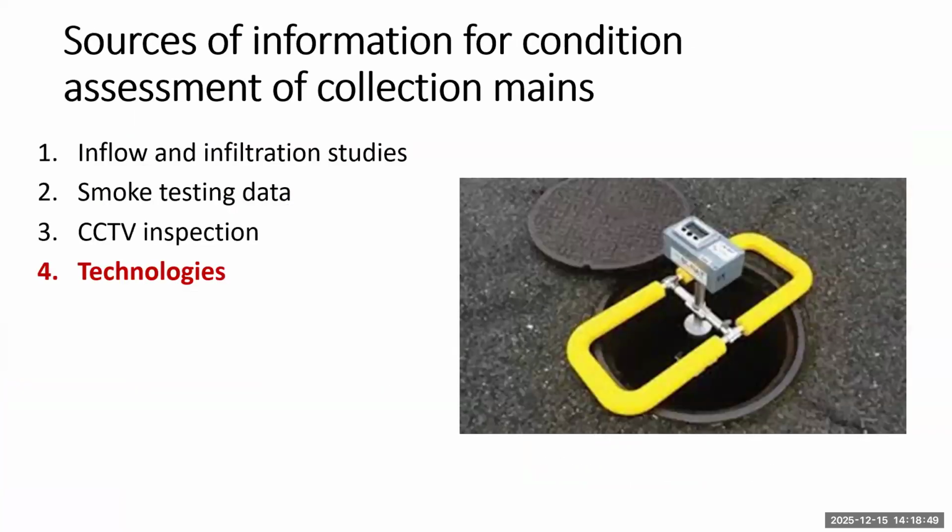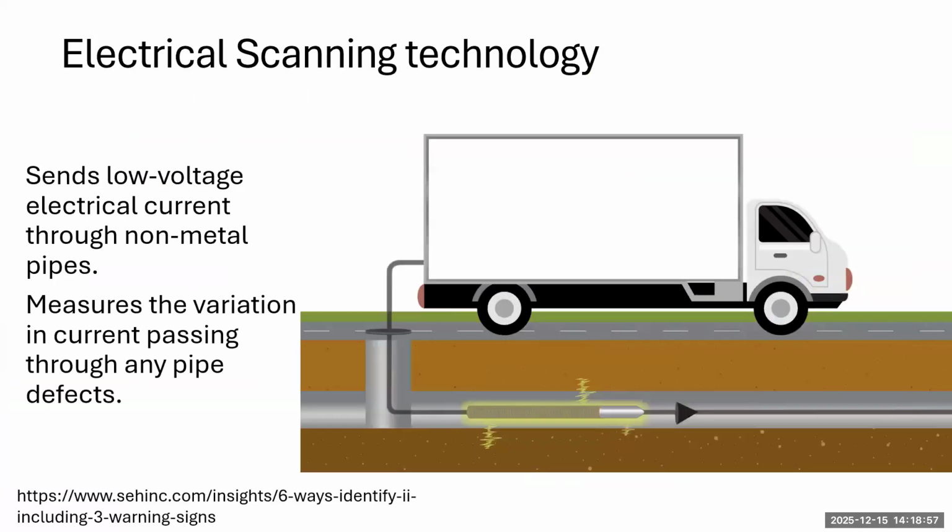We'll look at a couple of the technologies as well. And we have a picture of a sewer line rapid assessment tool here, which we'll look at. But one is this electrical scanning technology. They have a truck that backs up, and they send a probe through, and it sends out a low voltage current through non-metal pipes.